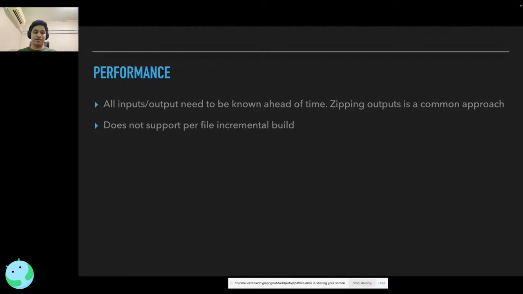And one of the interesting things is that Bazel does not support per file incremental build. What it means is that in Gradle, when you make a change to a Kotlin or Java file, Gradle is able to trace the file dependencies and only compile those dependents and also run annotation processing around the changed modules. But that is not the case with Bazel, where Bazel always builds everything.